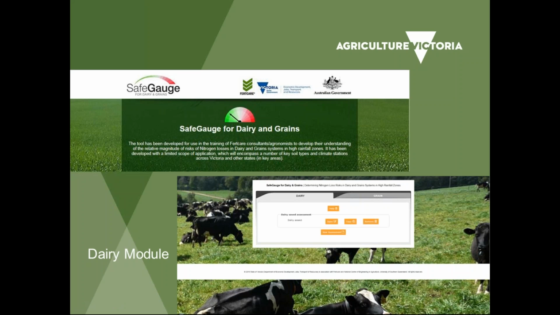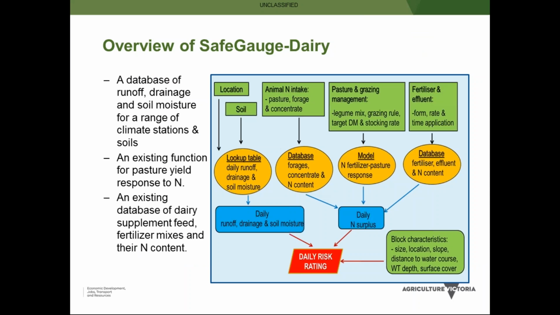So I'll go to the explanation of the dairy module and how it was formulated. The SafeGuage dairy module has a database of runoff, drainage, and soil moisture for a range of climate stations and soils.